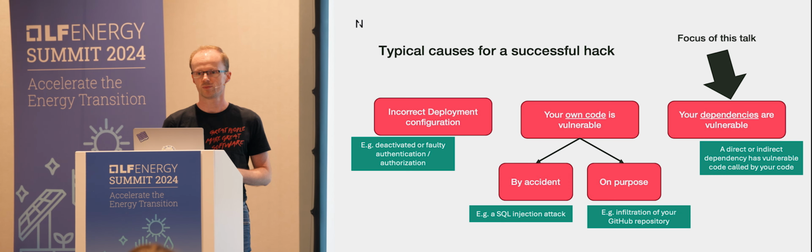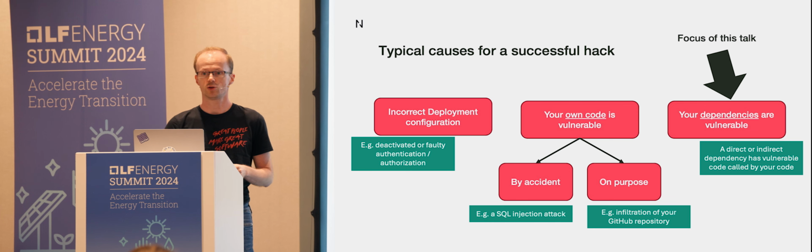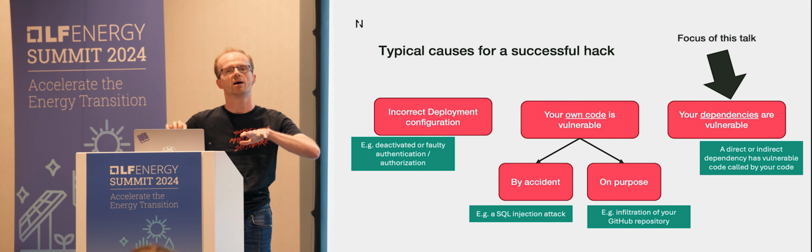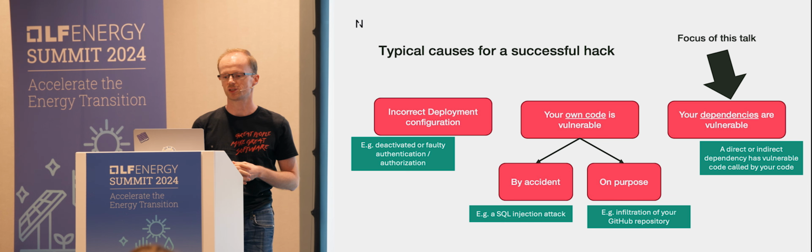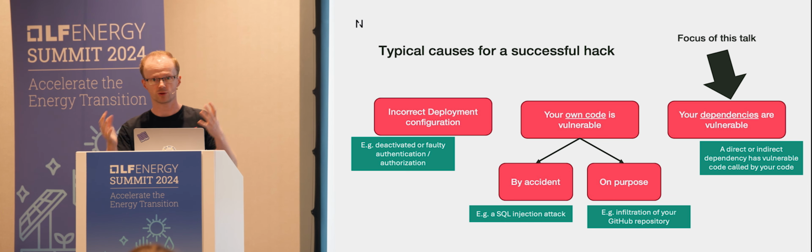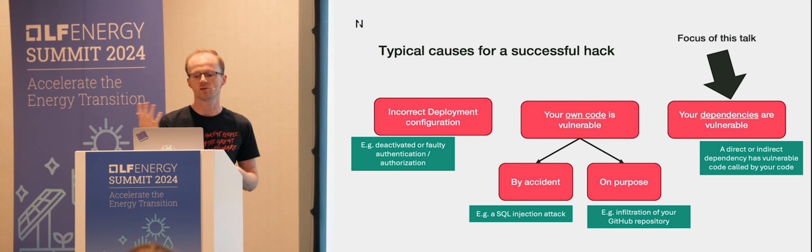And finally, that's what I'm going to focus on today, is that your dependencies, in other words, other people's code, are affected by vulnerabilities, either the ones that you have declared or the indirect ones. I will go into the details of this distinction in a second.